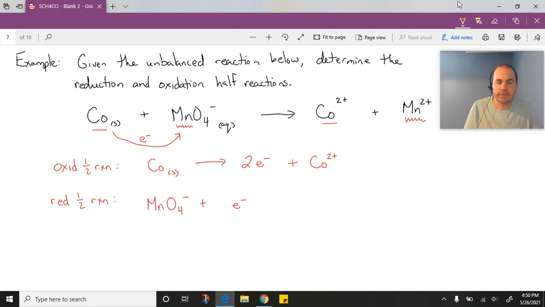So to gain our electrons, to be the reduction half reaction, and that will allow the manganese that's in this polyatomic ion to become Mn2 plus.